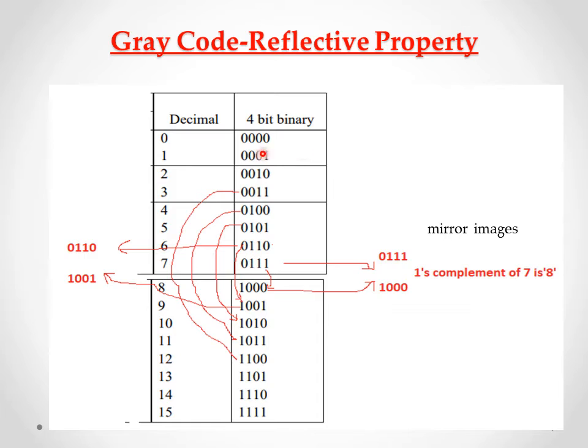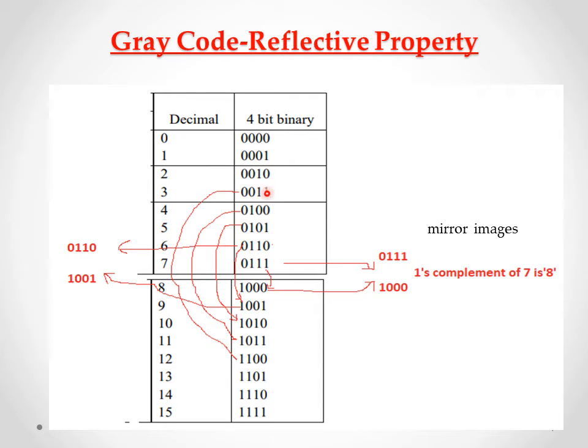And here, the main property of gray code is that subsequent codes differ by a single bit. That is, this is binary 0 and the next is 1; these two differ by a single bit. Similarly 1 and 2 differ by a single bit.